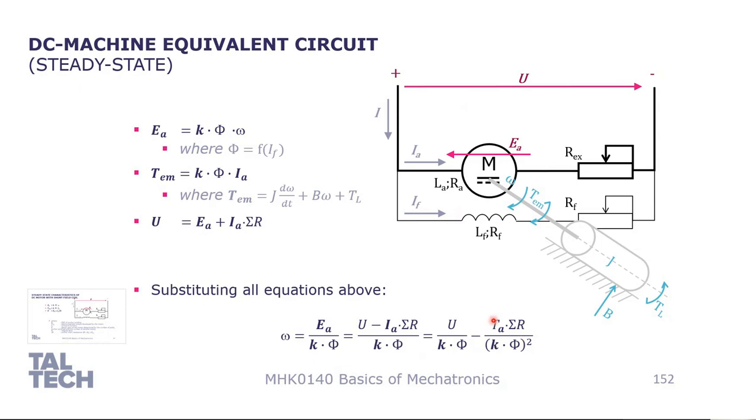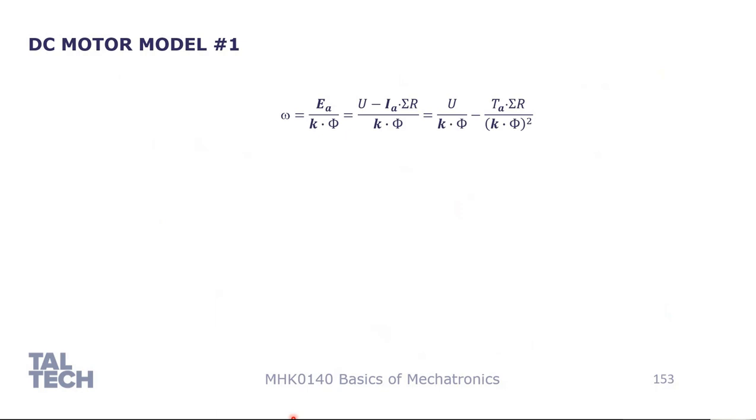We have the torque that is created on the shaft, and we have here sigma R, the sum of these two resistances.